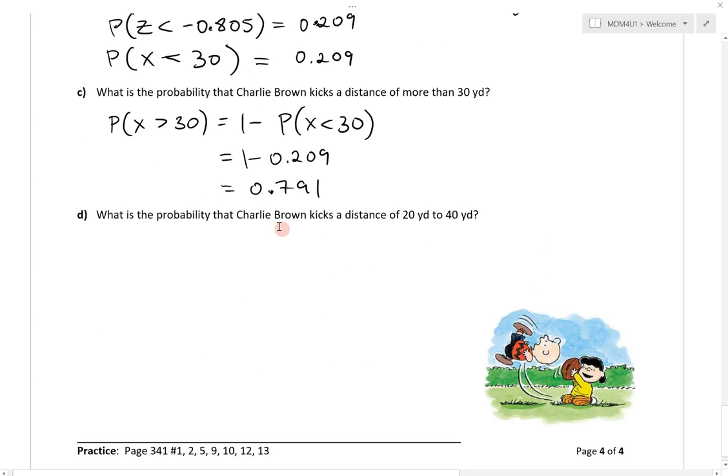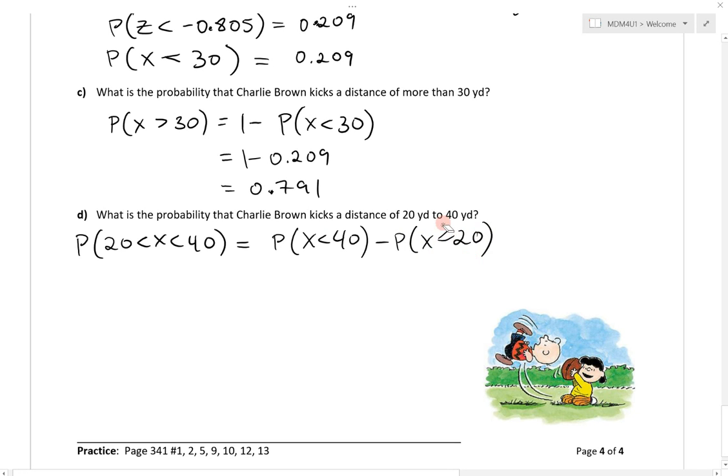Part D, what is the probability that Charlie Brown kicks a distance of 20 yards to 40 yards? We're interested in the probability that x is between 20 and 40, which is the probability that x is less than 40 minus the probability that x is less than 20. To visualize that, there's a normal distribution.